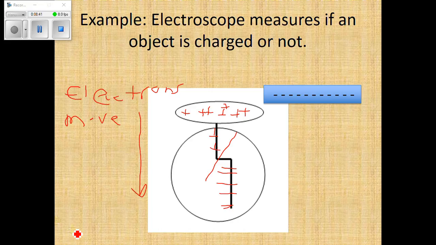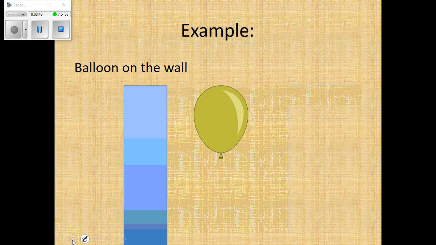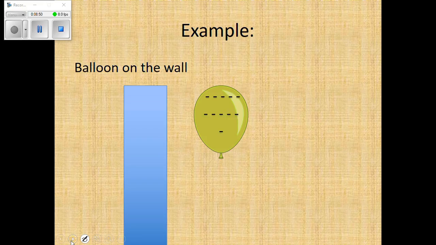Okay, let's look at another example. This is the classic balloon on the wall. What I'd like you to do is, again, write this in your notes, and we're going to imagine that that balloon is negatively charged. In reality, we don't know whether it's negatively charged or positively charged, but it doesn't matter. Okay, so what happens is we take this negatively charged balloon near the wall, and all of those negative charges are going to try to get away, as it were, from the balloon.